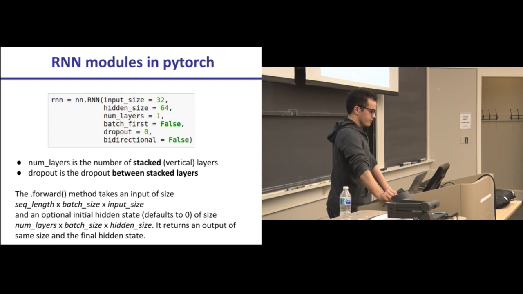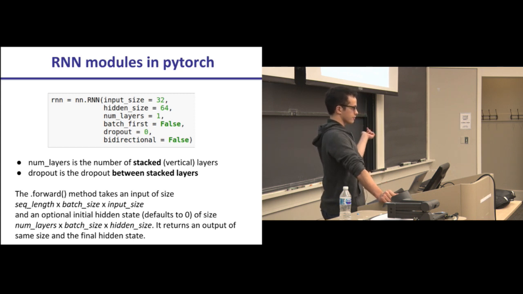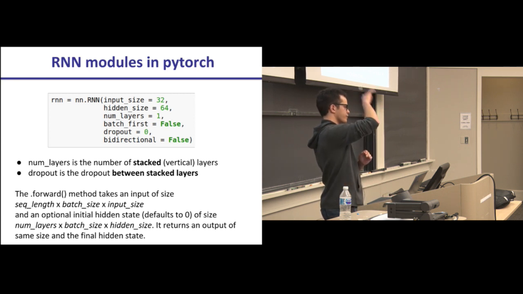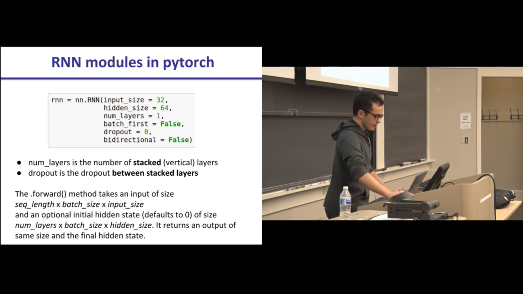You have an option batch first, where you basically say if, when you feed the input, you want it to be first the batch dimension, then the sequence dimension, or the opposite. If you think about it, the opposite kind of makes more sense actually, because if you're dealing with a batch, you're going to feed the batch for the first word first, then the batch for the second word second, etc.